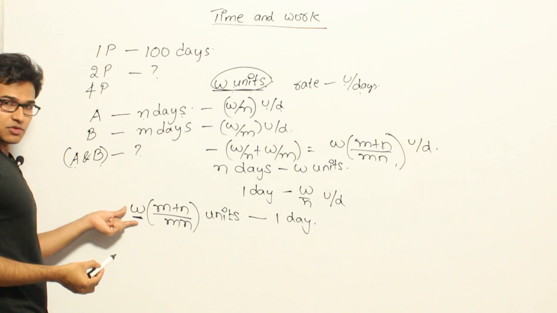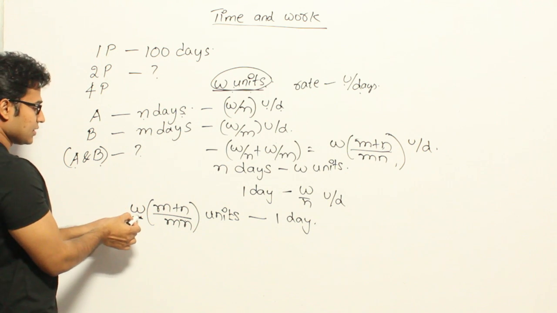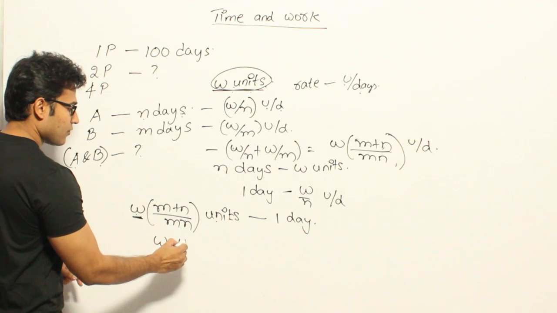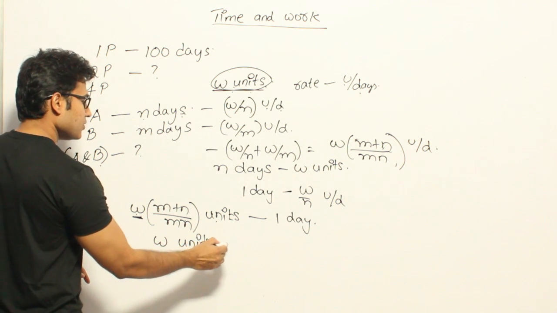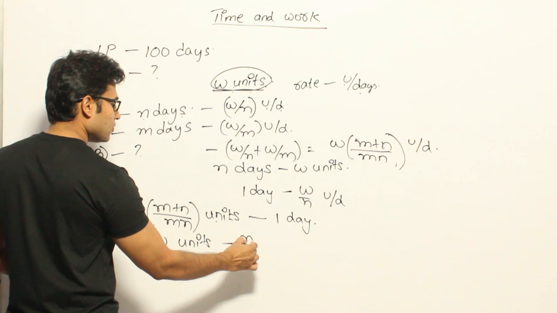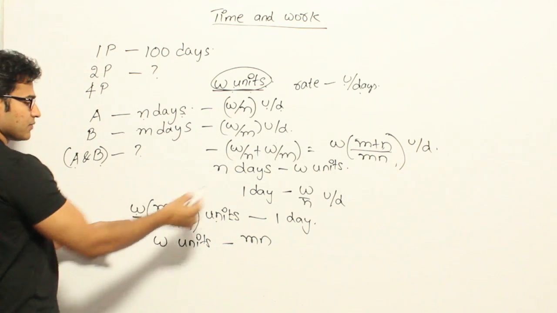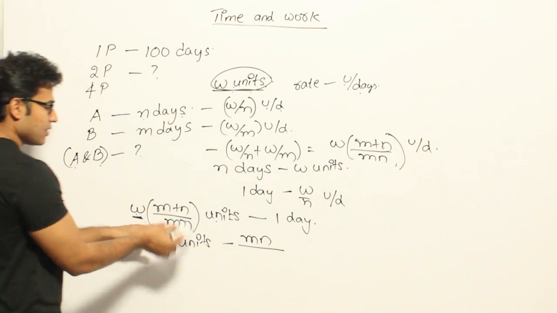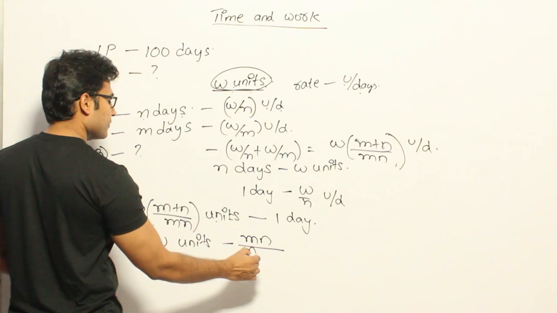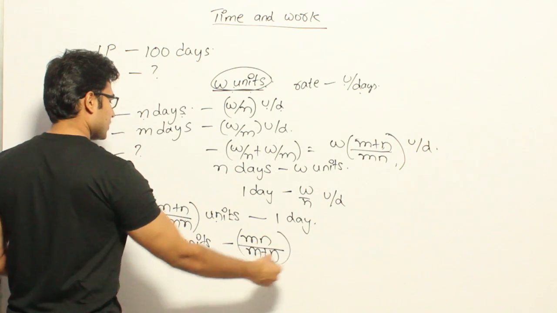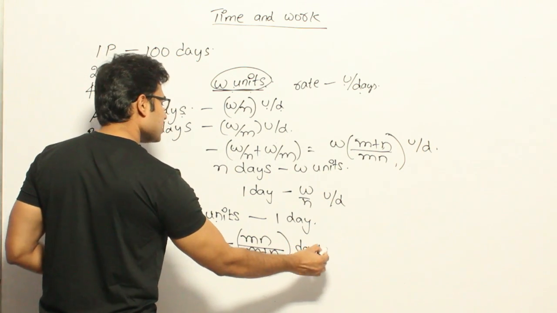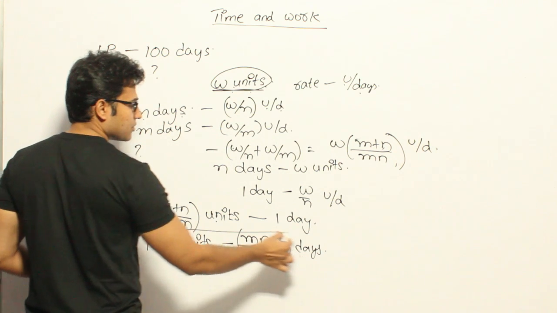Therefore from this you are supposed to find out how many days it takes for us to finish W units of work. Therefore the number of days required to finish W units of work is m into n, I am just multiplying with m into n, and then divide it with m plus n, right? Isn't it? So this is how you can solve such problems, right?